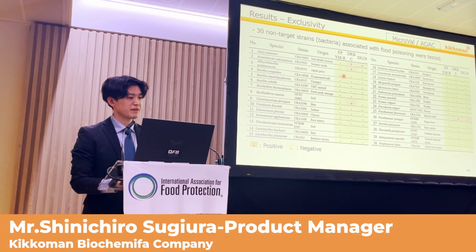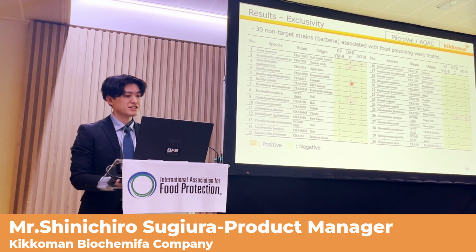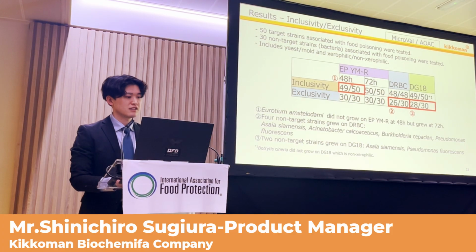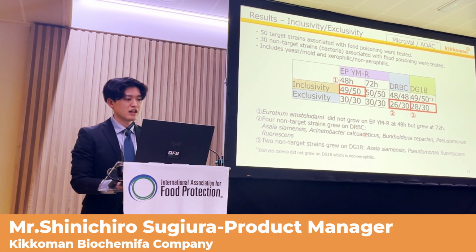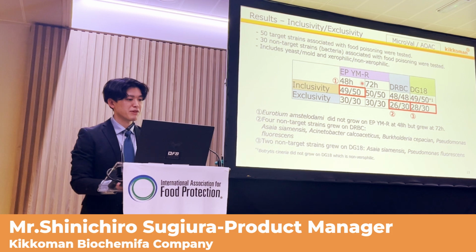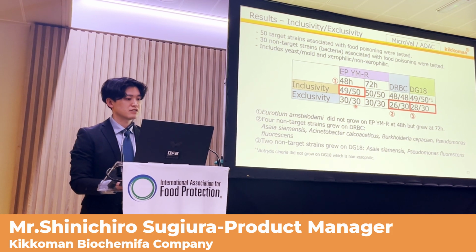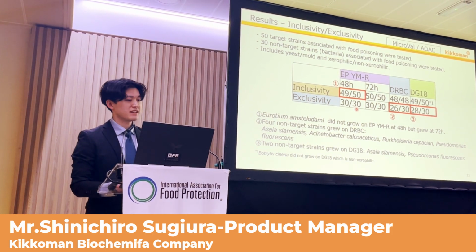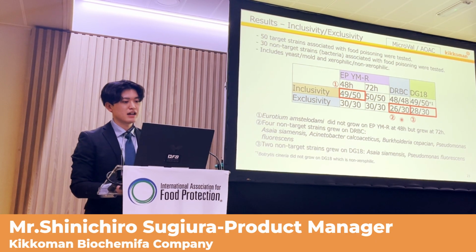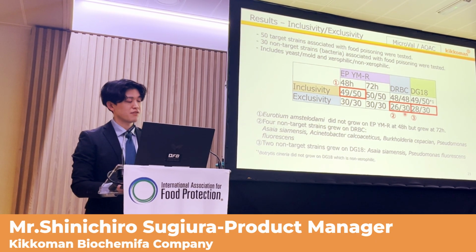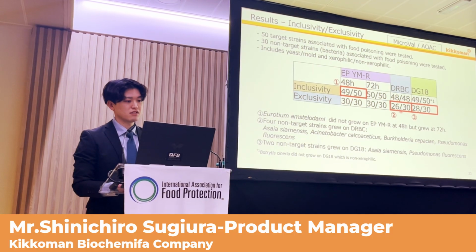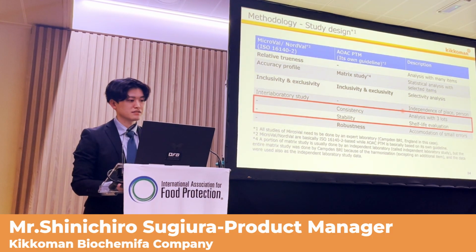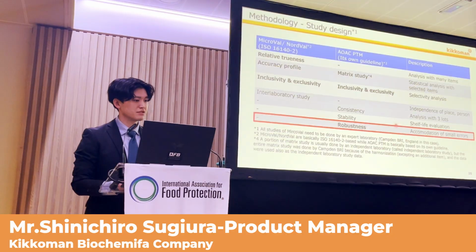And in exclusivity, 30 non-target strains were tested. And again, this is a summary. On EPYMR, all of the non-target strains were suppressed successfully, whereas some false positives were found on the reference methods. And I will skip this one.